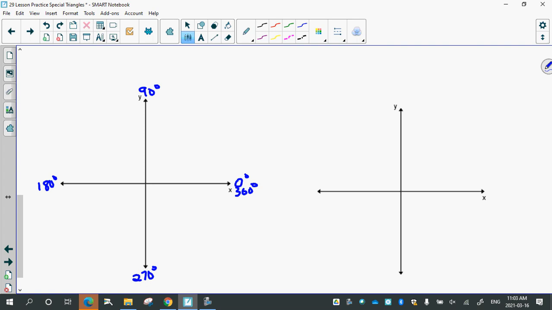So 210 is going to be the third quadrant, closer to the x or to the y. Okay, so this is 210 degrees.